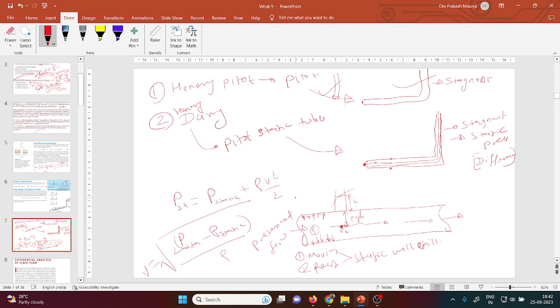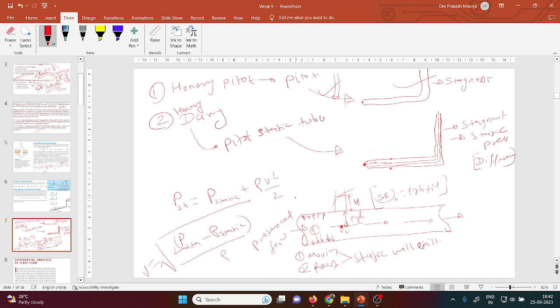Let's say point 2. The static pressure at point 2 is rho g H, where this is capital H at point 2. So static pressure does not mean that if your fluid is moving, static pressure does not exist.